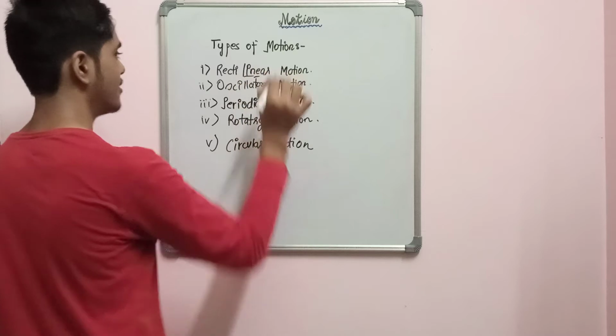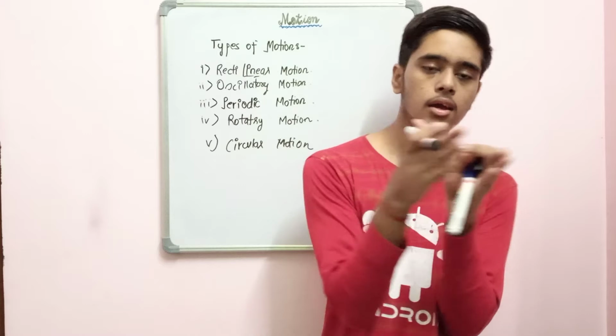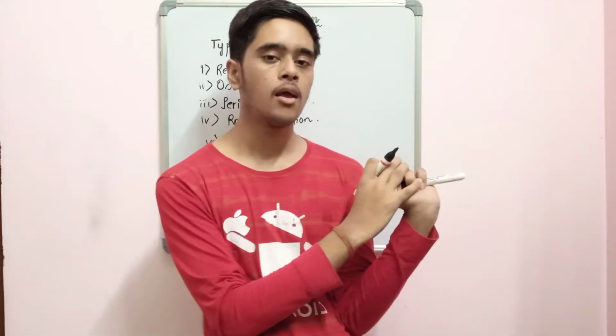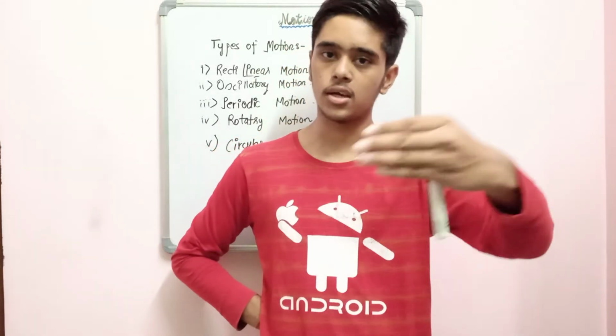First is rectilinear motion. In rectilinear motion, there is the displacement of a particle along the same line of motion. For example, if a bus is moving on a straight road, then all the particles, or say all the persons sitting in it, are moving in just one direction.